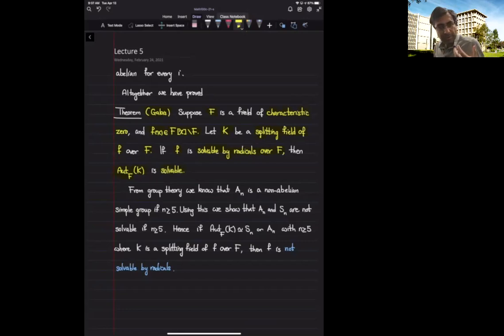So not every polynomial can be solvable by radicals. If I give you a polynomial that is solvable by radicals, then the group of symmetries of the field extension that comes from the splitting field should be a solvable group.